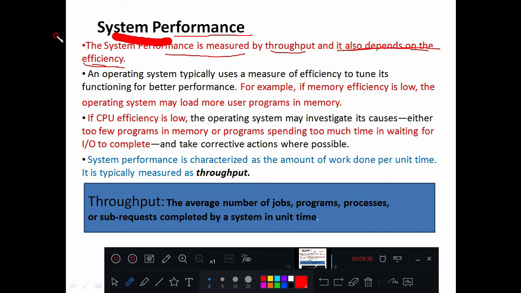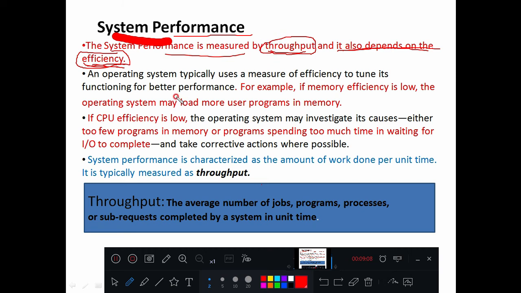Efficiency is usage of memory, and if I correlate that usage of memory with time, then I can say it is throughput. Efficiency without time is just a percentage or a ratio. If I correlate efficiency with respect to time, it becomes throughput.